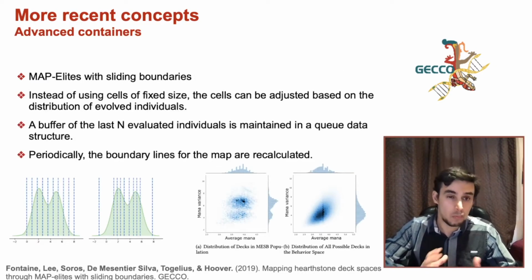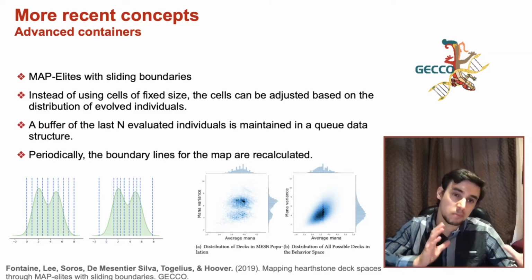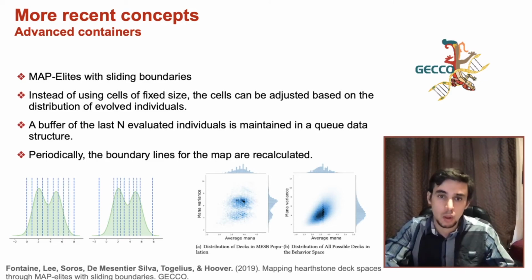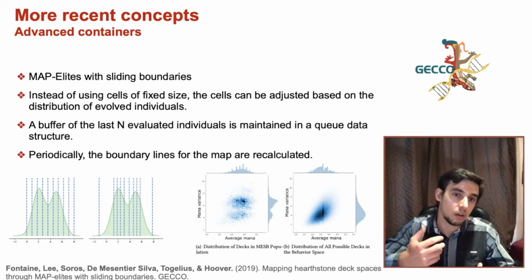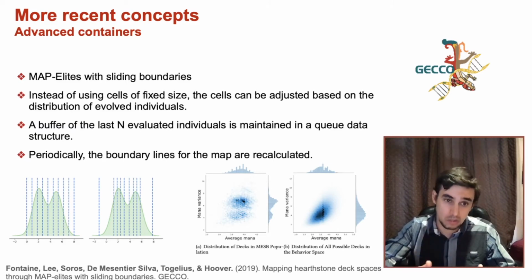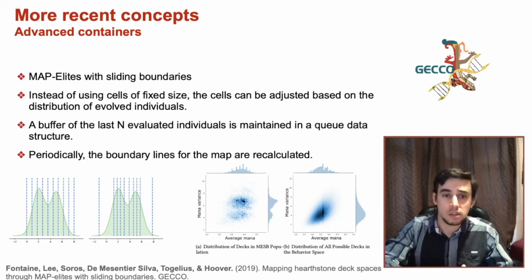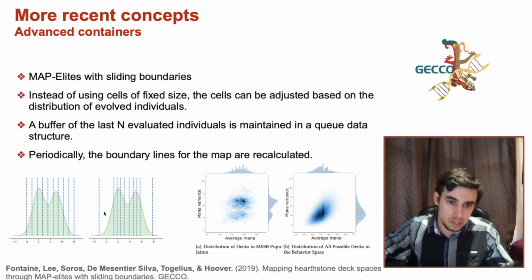A paper has proposed to use MAP-Elites but with sliding boundaries. This means that instead of using cells with a fixed size, we can adjust the size of the cells depending on the distribution of the evolved and produced individuals. This is done by having a buffer that contains the last n individuals that have been generated and evaluated in a queue data structure, and then periodically redefining the boundaries of the cells according to the distribution of the solutions.